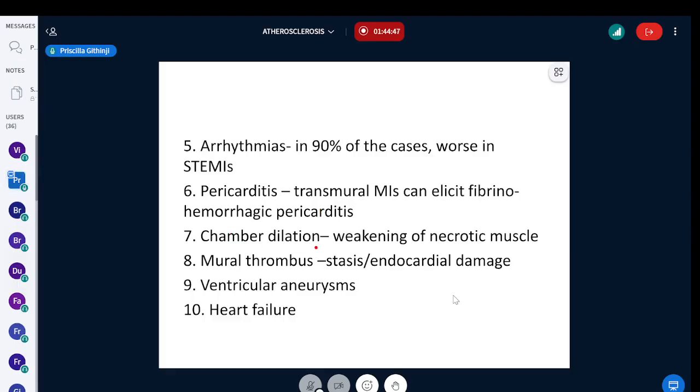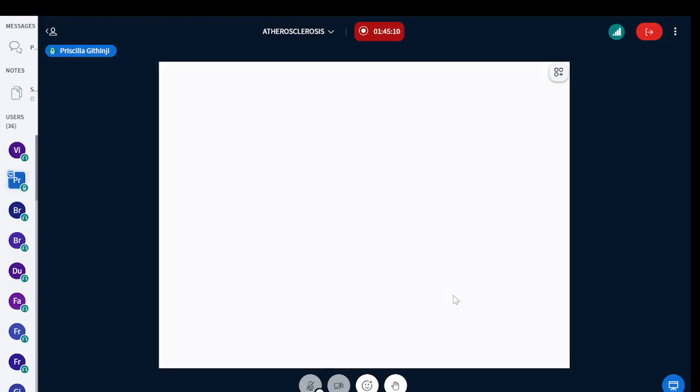You can have chamber dilatation due to weakening of the necrotic muscle. So you have dilatation of the heart. You can have mural thrombi because you're affecting contraction of the heart. Then you have stasis, blood remaining in the heart, and you end up forming thrombi. Then you can also have ventricular aneurysms and heart failure.